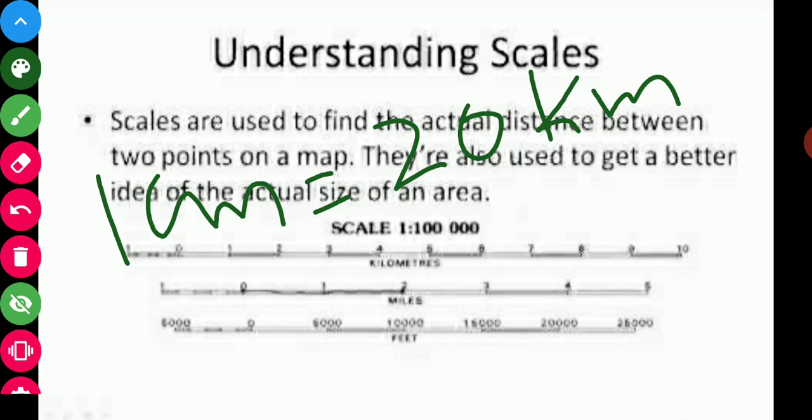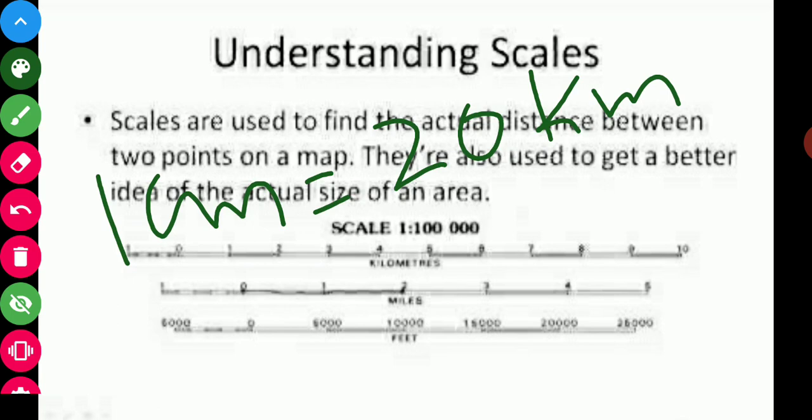This scale is also used to calculate the distances between any two places on the map. Suppose your school and your home are 30 centimeters apart on the map. It means that 1 centimeter on the map will show 20 kilometers on the ground.